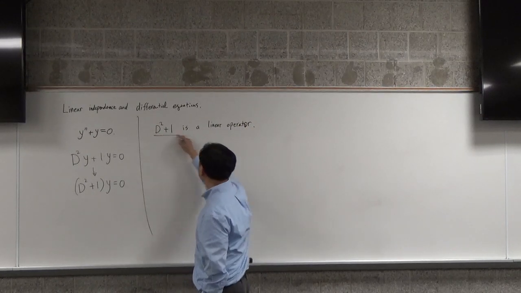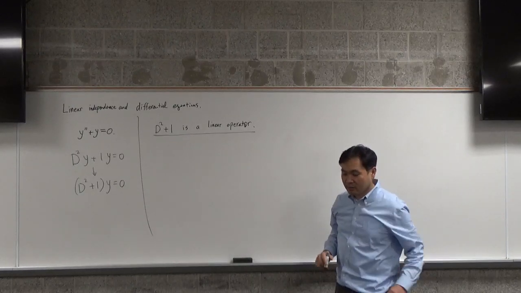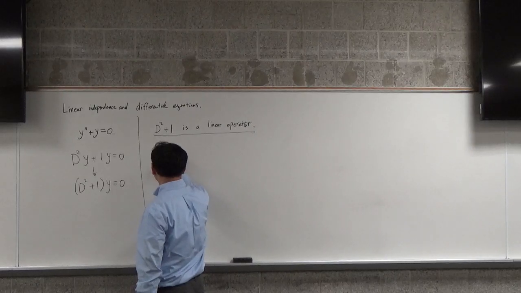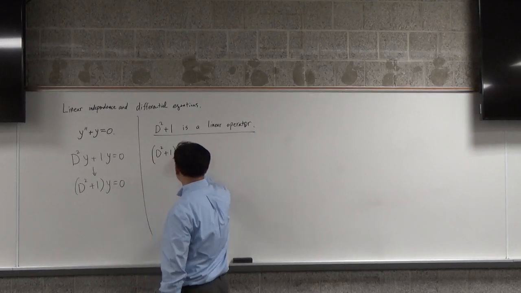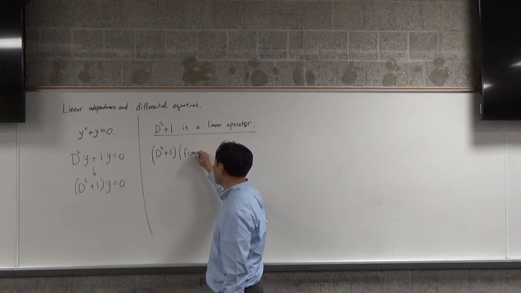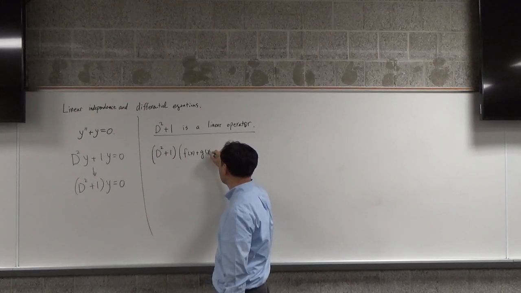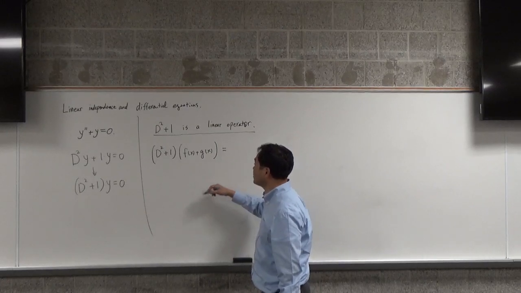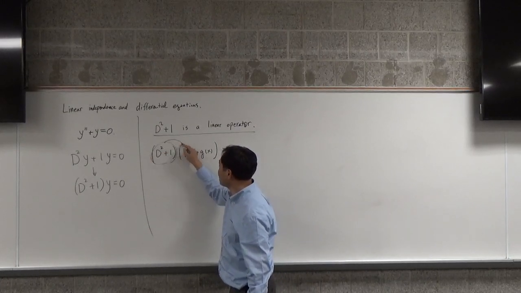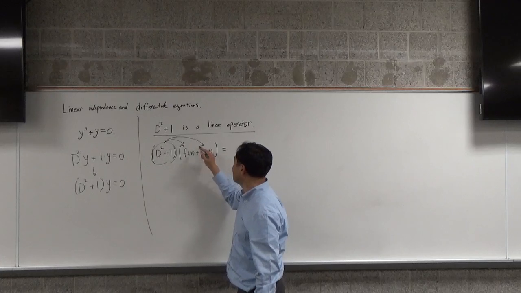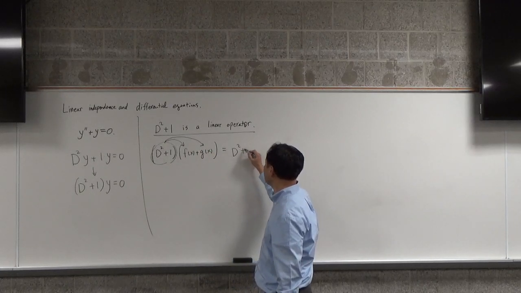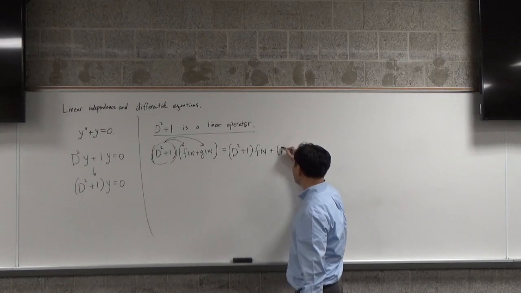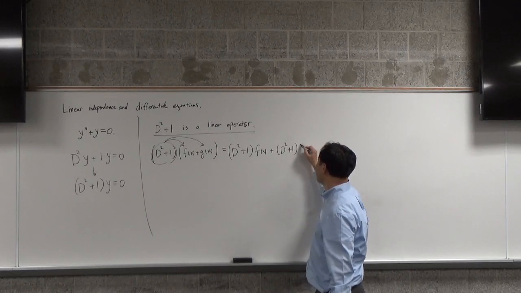Now, what this means is that if you have D squared plus 1 applied to two functions, f of x and g of x, well, you can basically apply this separately. So it'll be D squared plus 1 applied to f, plus D squared plus 1 applied to g.